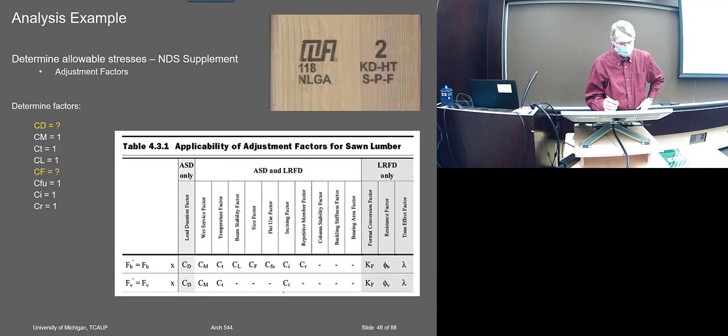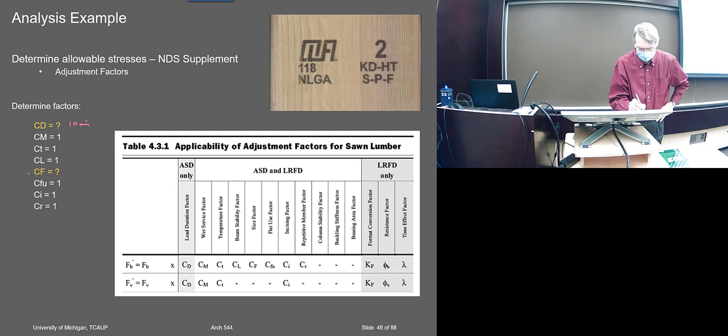Then we've got to put in the CDs, the adjustment factors. This is for 10 minutes, right? I think that's what wind load is, if I remember. And then we also want the CF. It doesn't have any moisture problem, so it's dry.